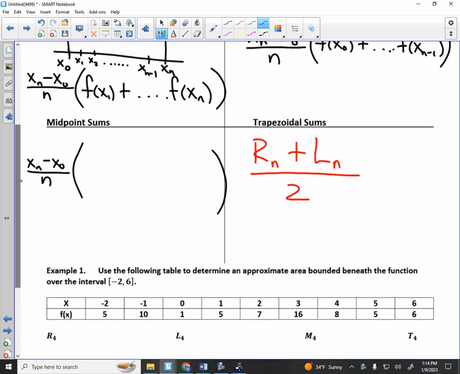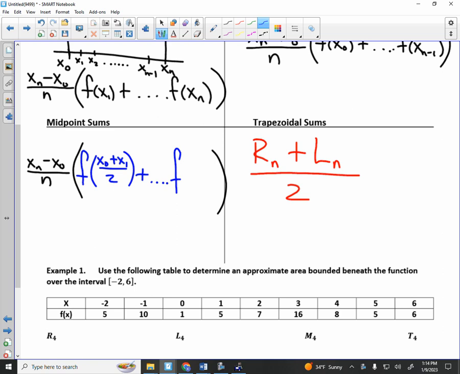To find the middle of x sub 0 and x sub 1, you add them together. So it's f of (x sub 0 plus x sub 1), and we're going to divide that by 2. Now, I know that this looks confusing here. When we do an example, it's really going to come together, but we'll refer back to this.